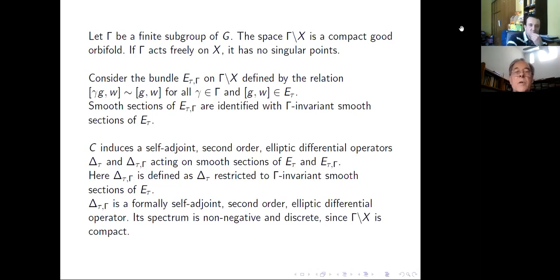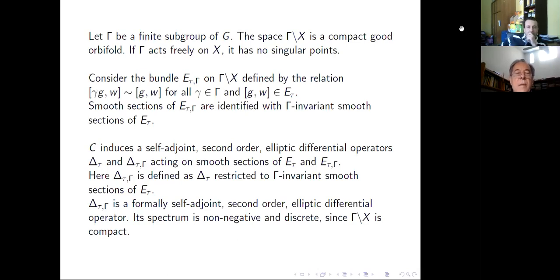We look at the bundle E tau gamma over X mod gamma defined by the standard relation for all gamma in gamma and pairs in E tau. So the smooth sections of E tau gamma will be identified with gamma-invariant smooth sections of E tau.